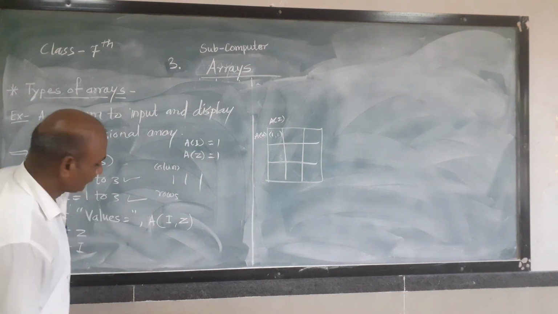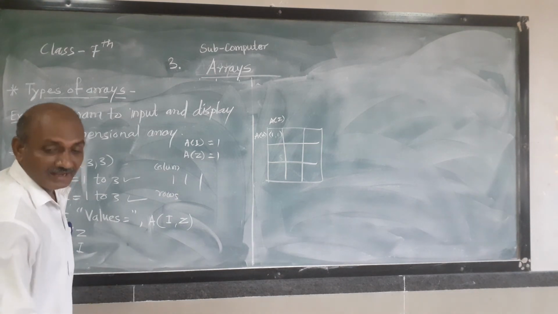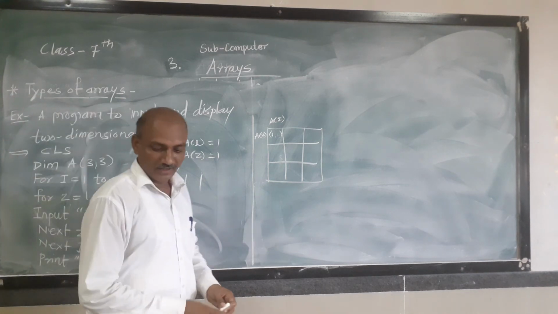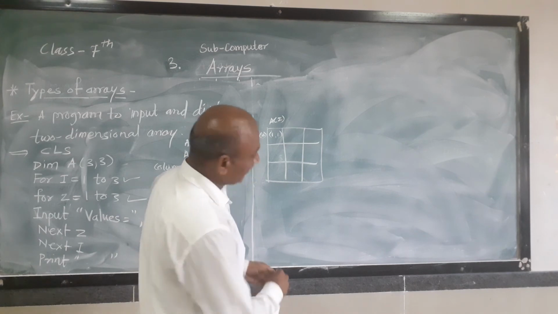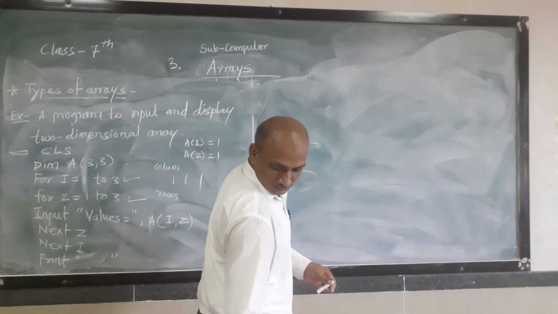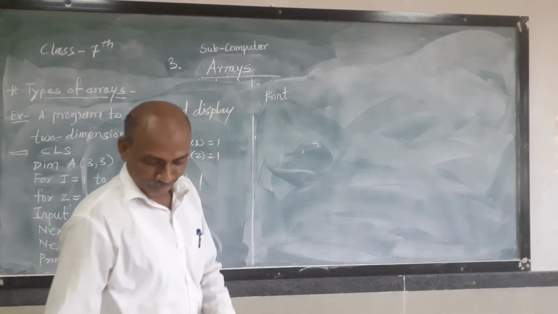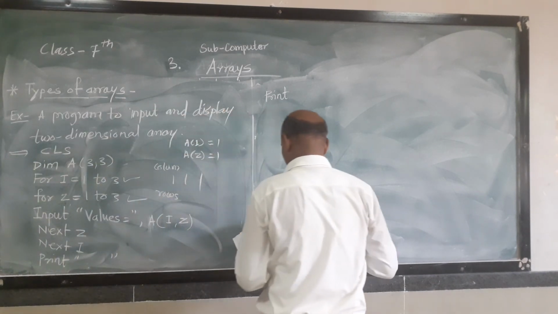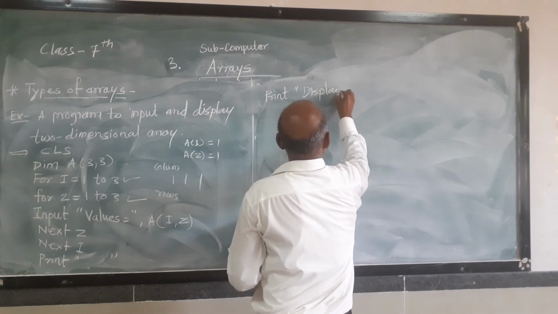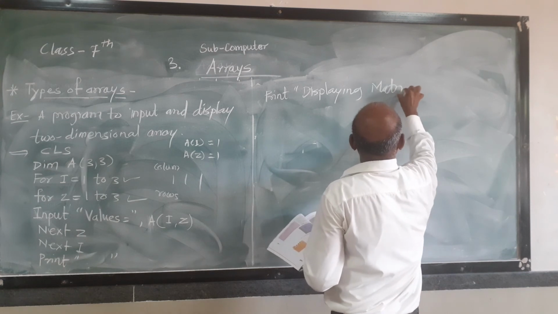First you see, then print a blank line. Print a blank line means one space we can move. Then again print "displaying matrix".